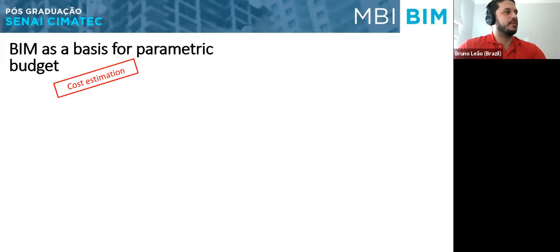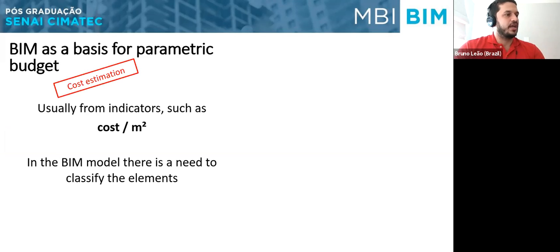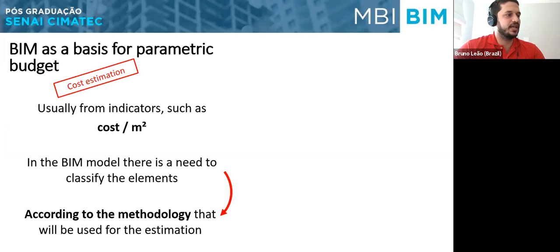When we talk about parametric budget or the cost estimation phase, it's usually done from indicators such as cost per square meter. In the BIM model, we also have the need in this kind of cost estimation to classify the elements according to the methodology that we'll be using in the estimation.